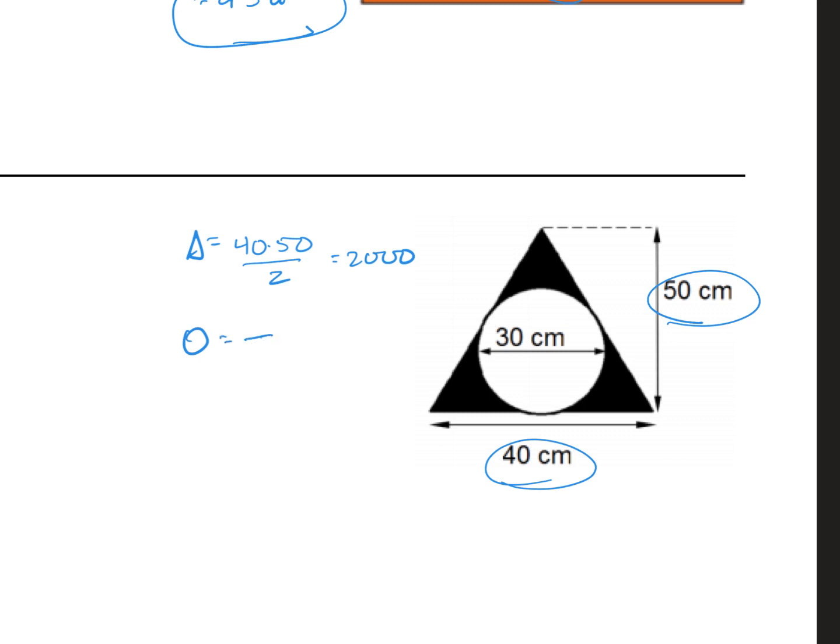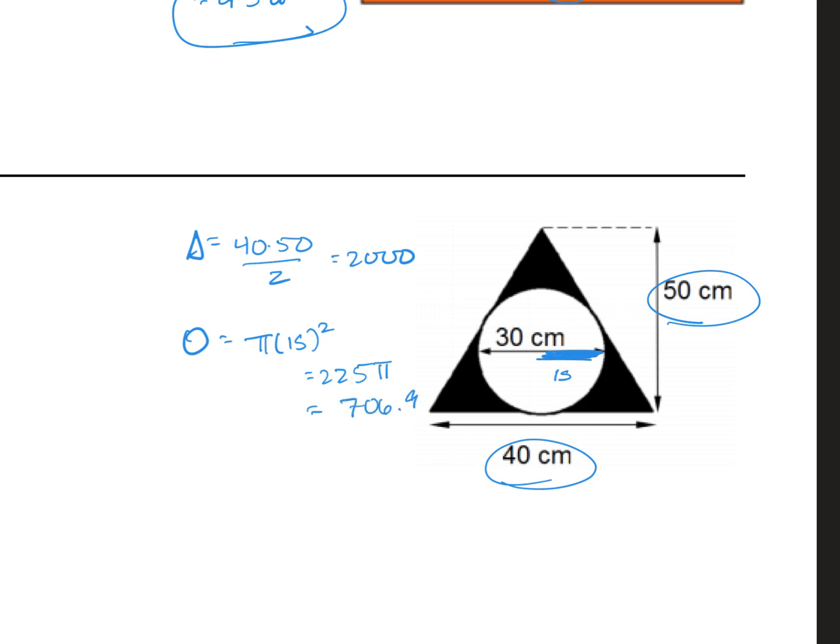The circle is pi r squared. Now 30 is all the way across. We only want halfway across, so 30 divided by 2 is 15. So pi 15 squared gives me a total of 225 pi, and then I multiply by pi, and I get the total of the circle is 706.9.